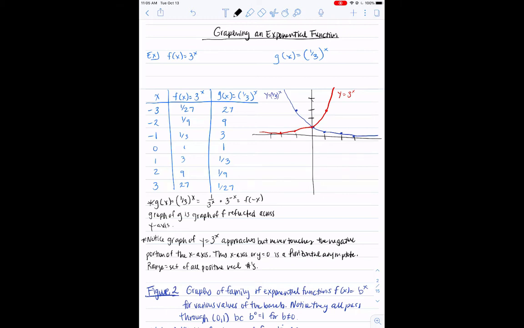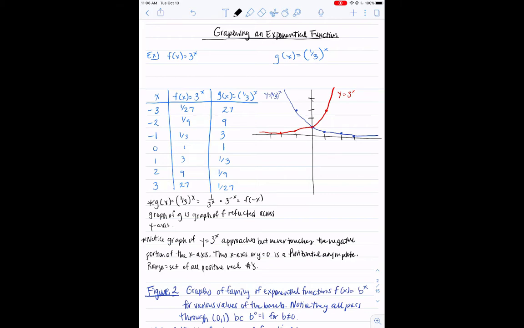And then the same thing for 1/3, we're just plugging in these powers and evaluating. So (1/3) to the negative 3, that's basically flipping your fraction and then raising it to the third power. (1/3) squared is 1/9. So then we graph our points and notice the differences between these two graphs.